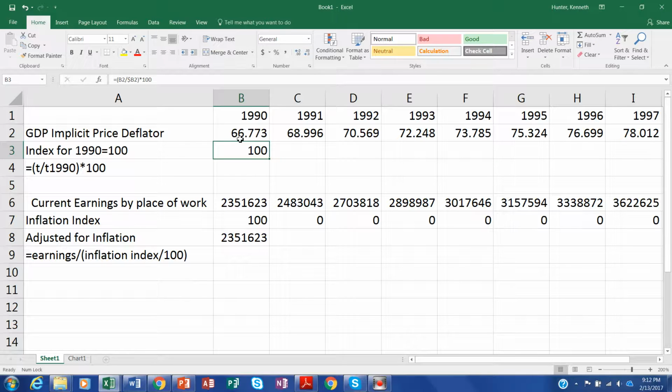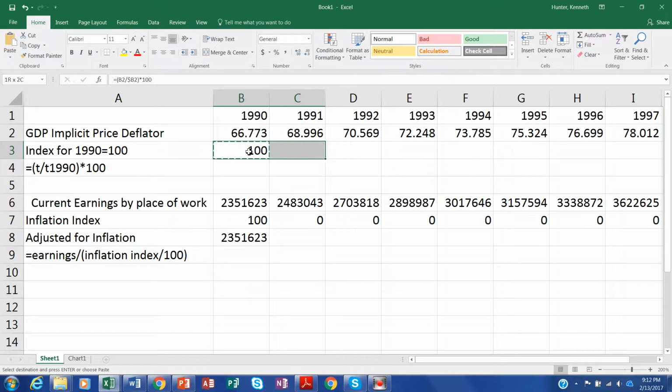To make the calculation work properly, if you're able to see up here, you would put a dollar sign before the denominator use of B2, the second use of B2, which will lock in the reference cell going forward to being column B. So the equation would read equals parentheses B2 divided by dollar sign B2 in parentheses times 100.